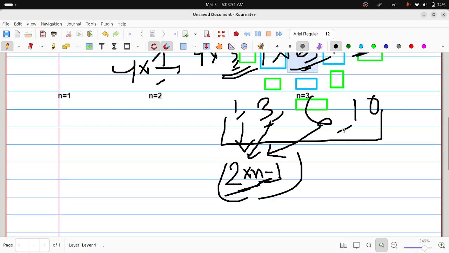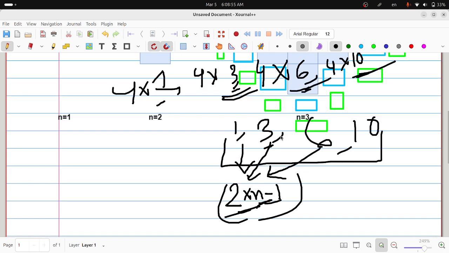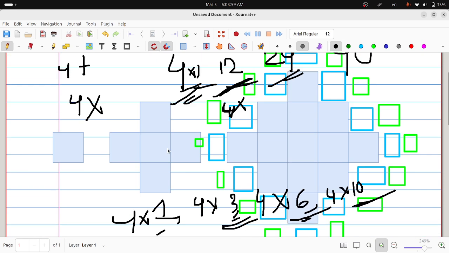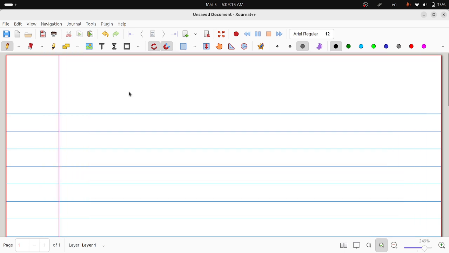So no, that's not the case. What is it? What is it? 4, 8, 12, 16. I don't know. 4, 8, 12, 16. So 4, 12, 24, 40. Let's get rid of everything and let's rewrite it again. 4, 12, 24, 40.